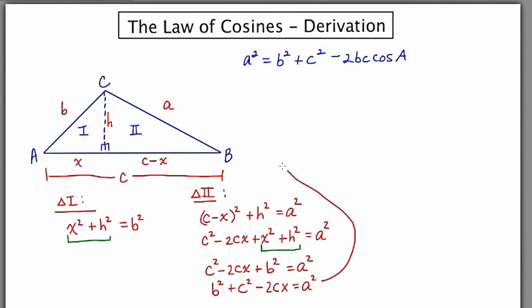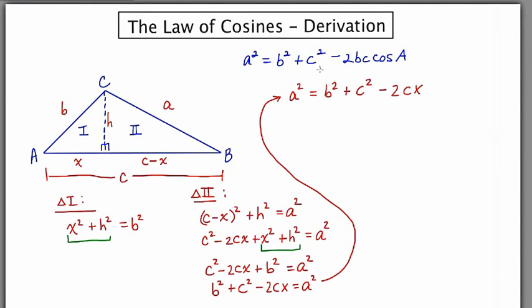We do have to do a little bit more work, so I'm just going to flip-flop the left and the right-hand side. A squared equals b squared plus c squared minus 2cx.